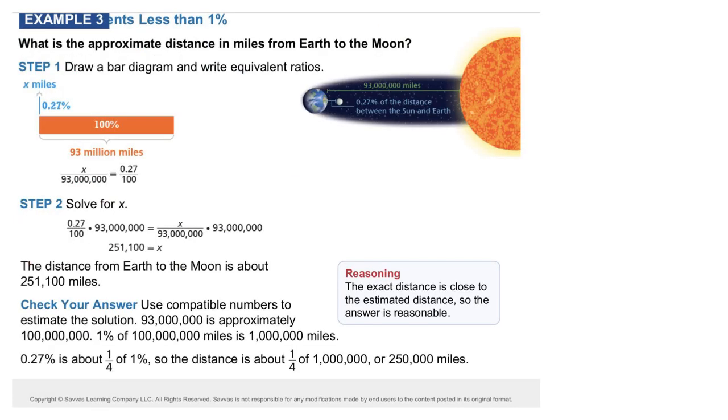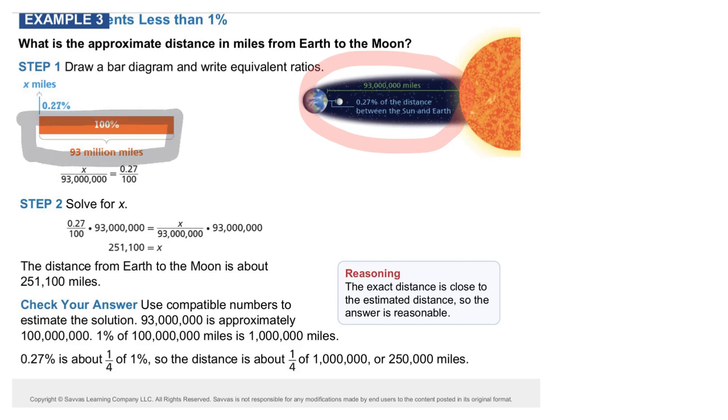All right, we're on example 3 on page 145. It says, what is the approximate distance in miles from Earth to the moon? So there's our bar diagram. We know this data right here. So 100% of the way is 93 million miles. That's right here, 100% of the way.